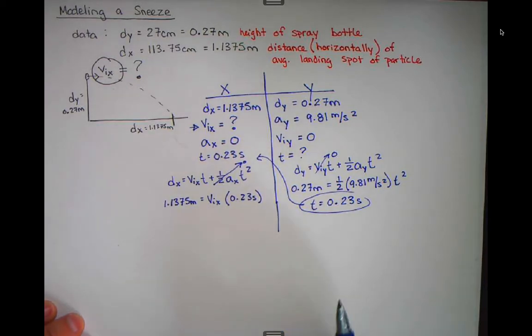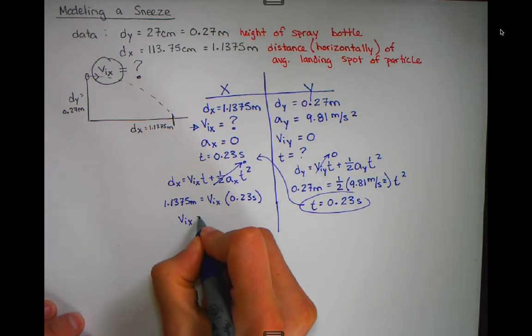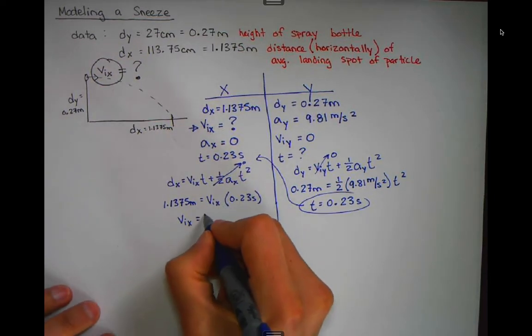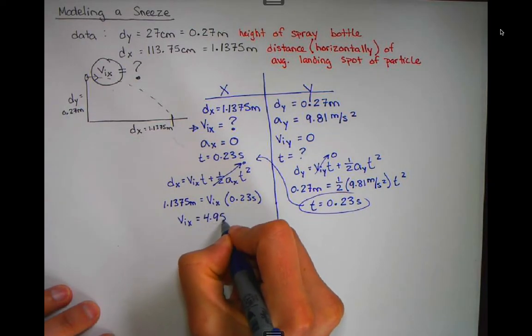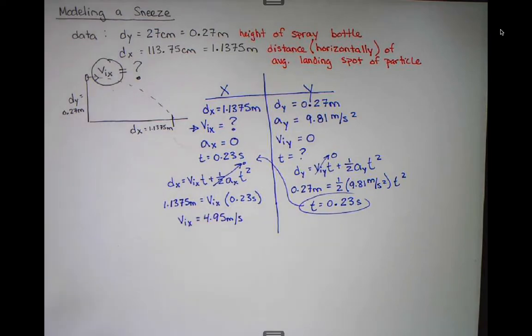And now again, remember, these are my values. Your values are going to be different. And so when I solve, I get an initial velocity of 4.95 meters per second. So this is a value that you need, right?